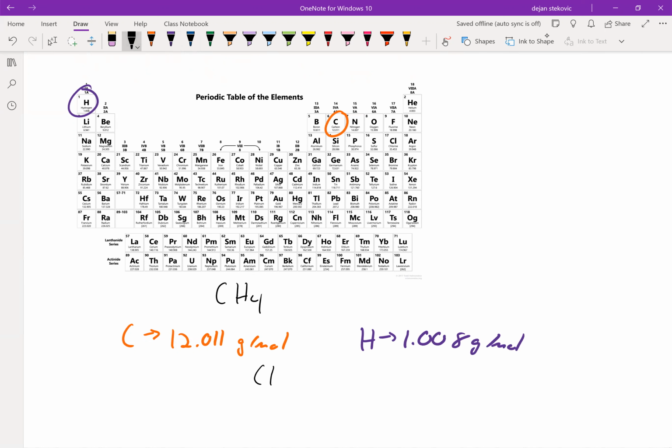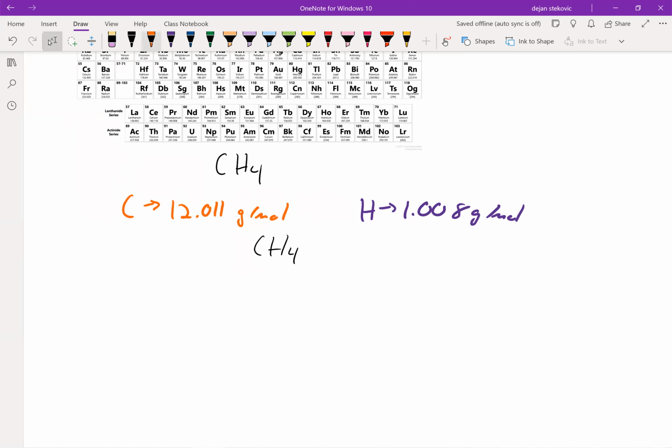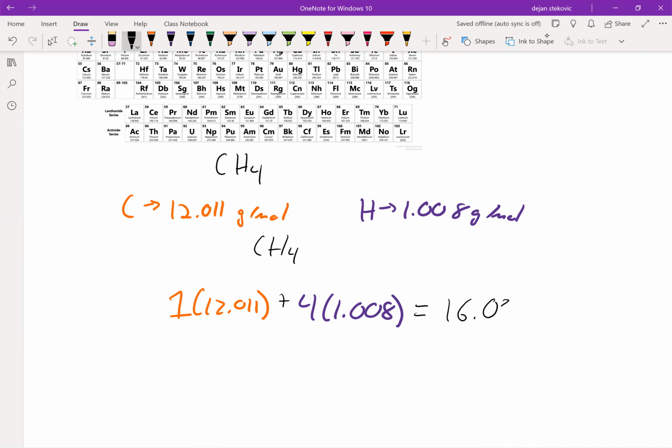And then, of course, CH4 would be the mass of 1 carbon and 4 hydrogens, right? So you just do 1 times 12.011, and then add that to 4 times 1.008. And then you get a total mass of 16.043 grams per mole.